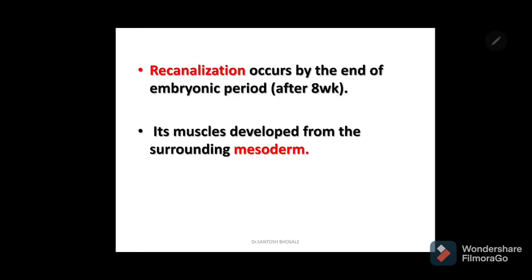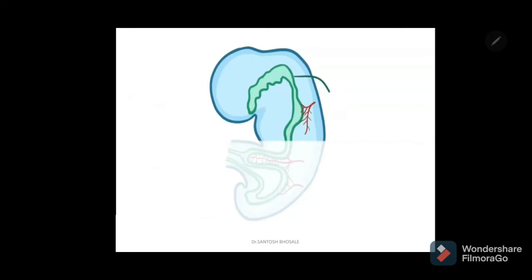That's why the upper one third of the esophagus has skeletal muscle which is voluntary, whereas the middle one third has a mixed type of muscles, both skeletal and smooth. The lower one third of the esophagus has smooth muscles which are derived from the surrounding splanchnic mesoderm. Then recanalization occurs at the end of the 8th week. Muscles are developed from the mesoderm that we have discussed.